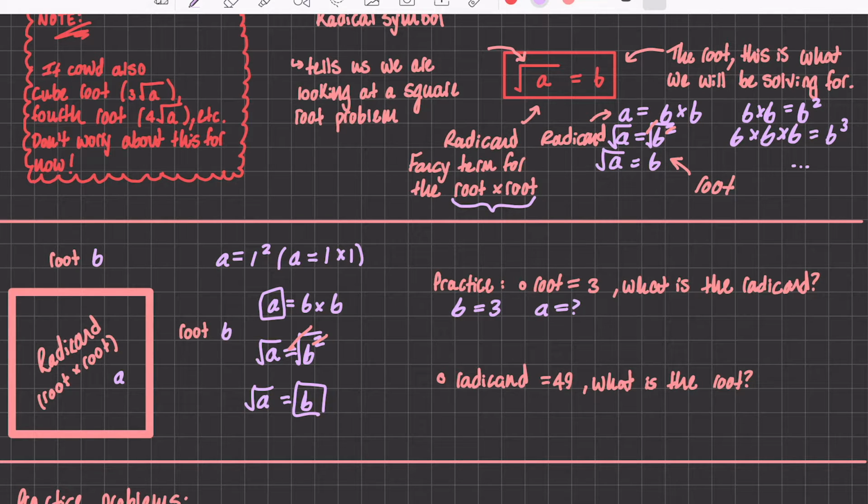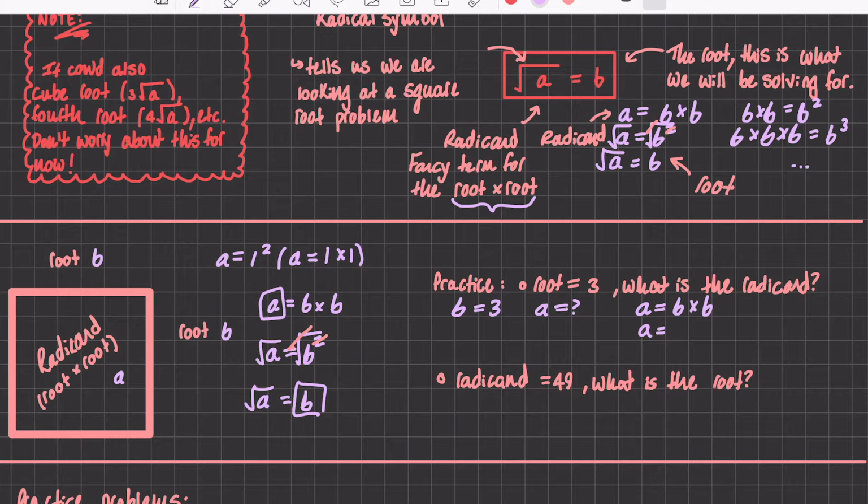So we're going to try and find a relationship that we've created here that holds true for all square root problems of this type, and apply that. So what is a equal to? Well, in what relationship have we solved for a? A here is equal to b times b, or the radicand, which is a, is equal to the root times the root. So we can just write this relationship down. A is equal to b times b.